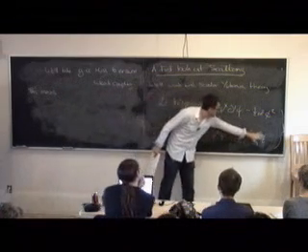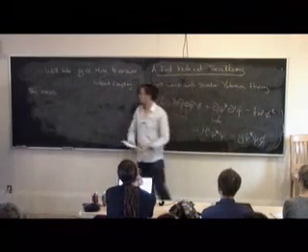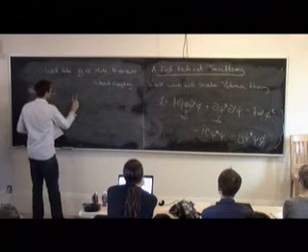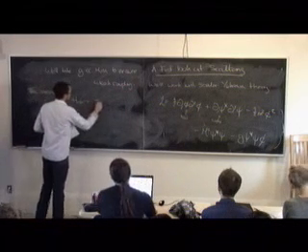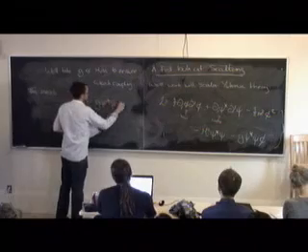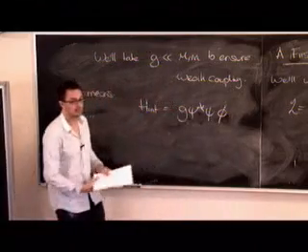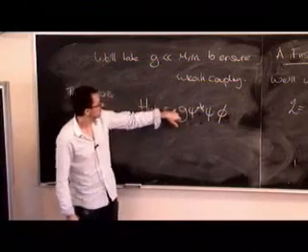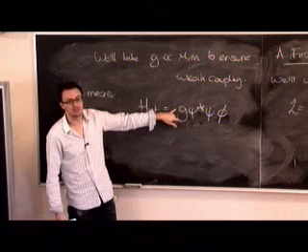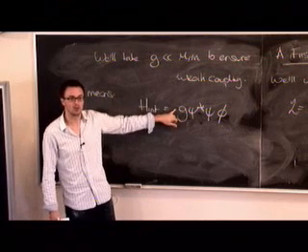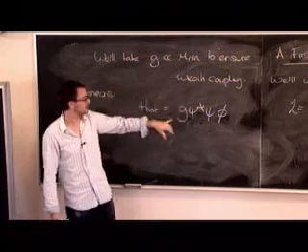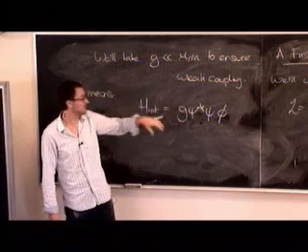And this last one is going to be what we call the interaction Hamiltonian, H int, G psi star psi times phi. It's positive instead of negative because, as always, when you go from a Lagrangian, which is T minus V, to a Hamiltonian, which is roughly T plus V, you get a plus.